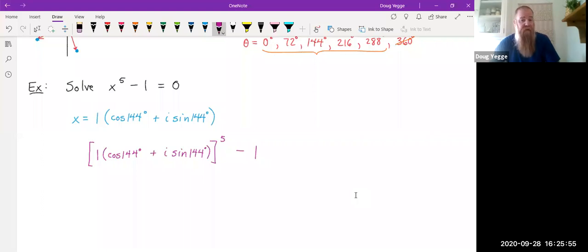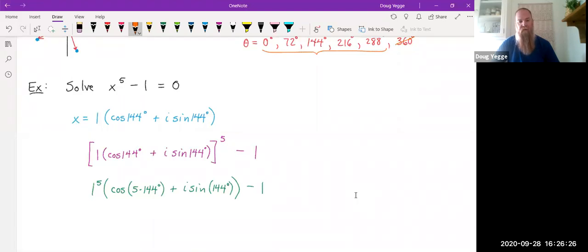Now, if this is a solution, my answer should become 0. Well, let's apply DeMoivre's theorem. This is going to be 1 to the power of 5. And now I'm going to get cosine of 5 times 144 degrees plus i sine of 5 times 144 degrees, minus 1.